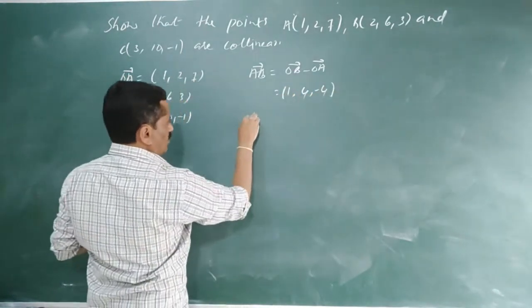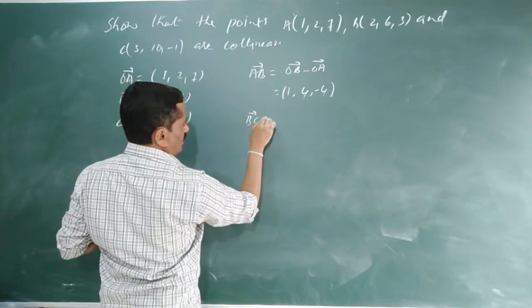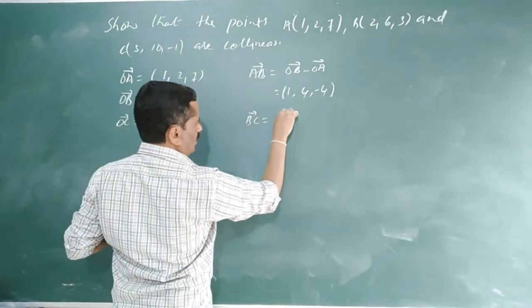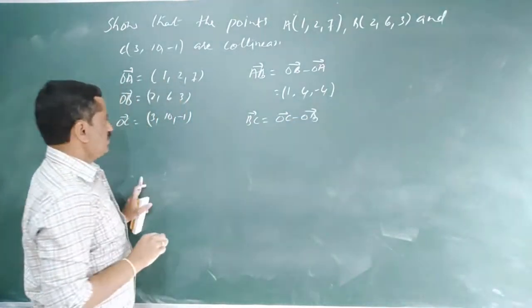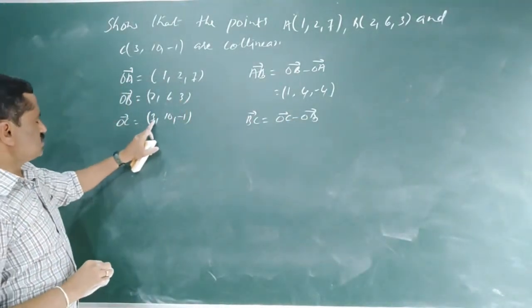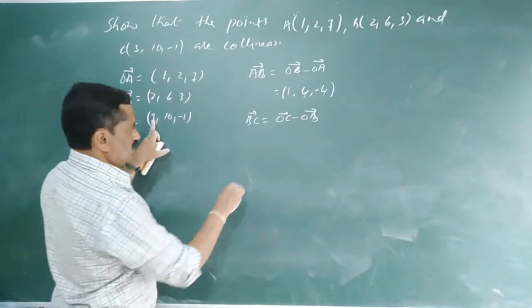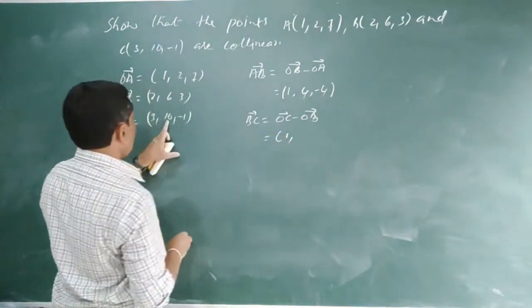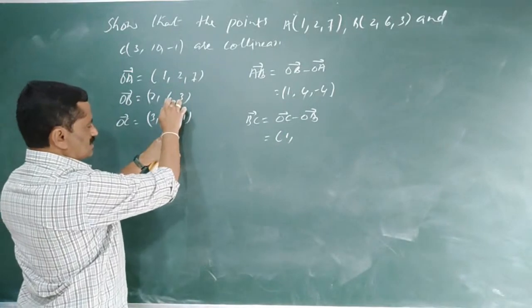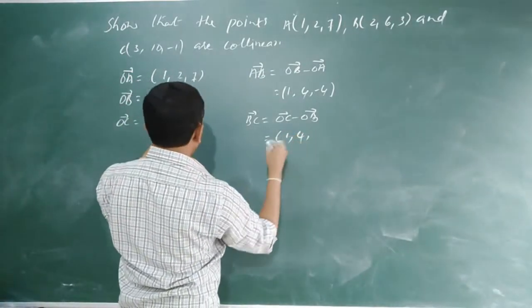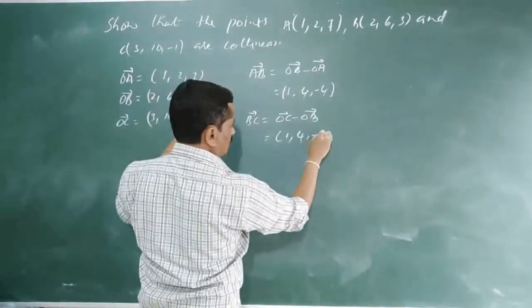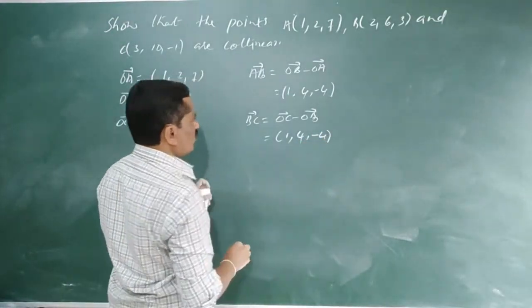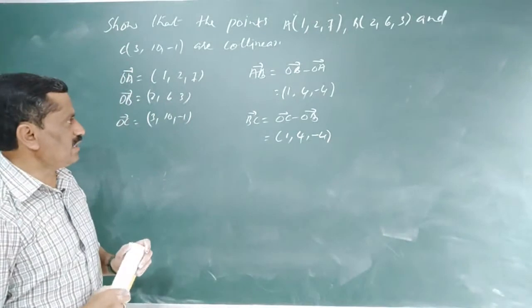Similarly find BC bar. So again that is equal to OC bar minus OB bar. So this minus this. So here 3 minus 2, we have 1, we have 10 minus 6, we have 4, so minus 1, we have minus 3, we have minus 4.